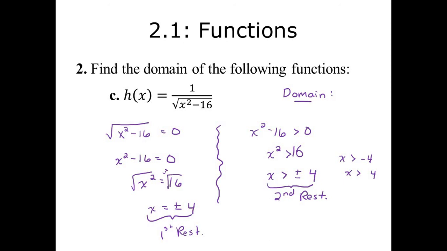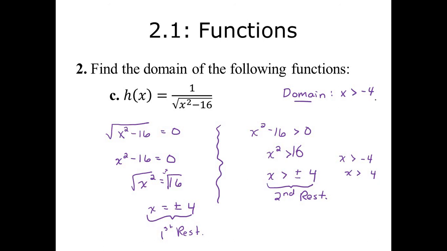Anything less than negative 4, including negative 4, will give us an imaginary number or produce a division by 0. So our domain is going to be x is greater than negative 4, with the stipulation, because x can't be negative 4 over here, from this first restriction, creating a division by 0.